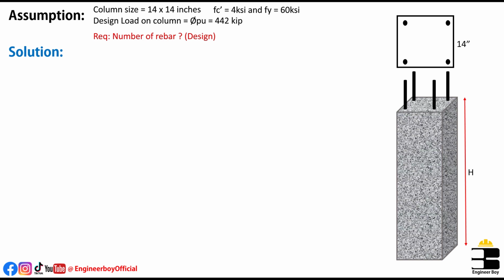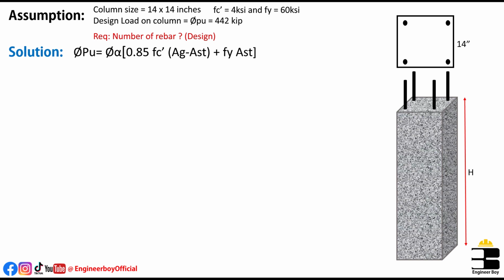In the solution, make sure you are familiar with the design load formula, which is taken from a nice book written by Nelson, and the book's name, if I'm not wrong, is Reinforced Concrete Design. So this is a nice formula.